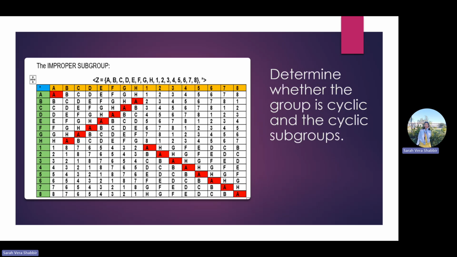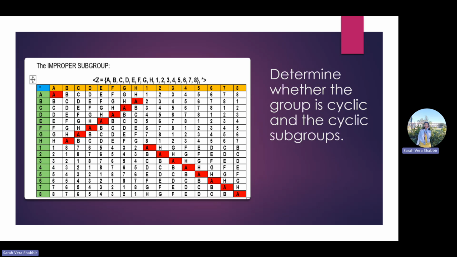There is no symmetry in this table, therefore the group is not abelian, since the elements are not symmetric from its diagonal. For instance, the elements highlighted in red are not symmetric.